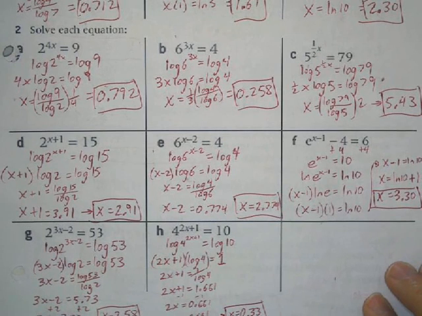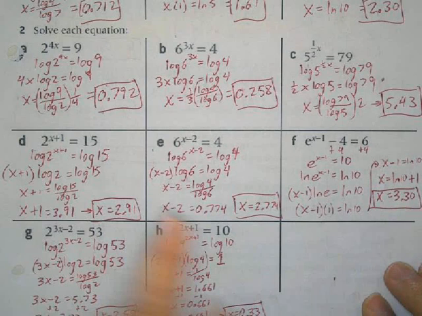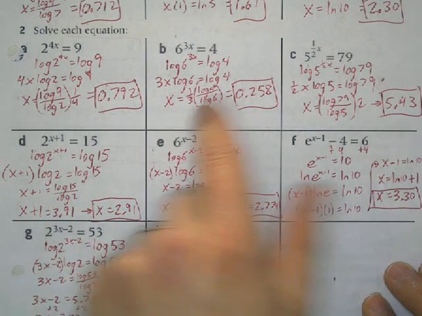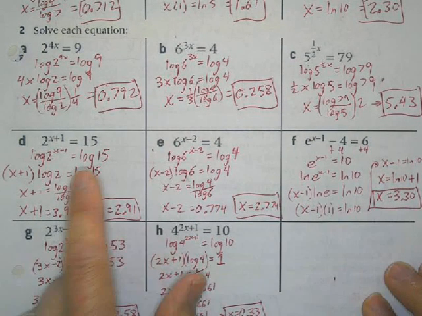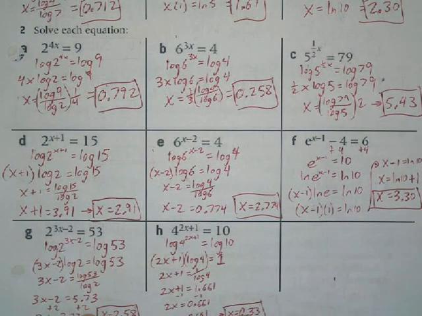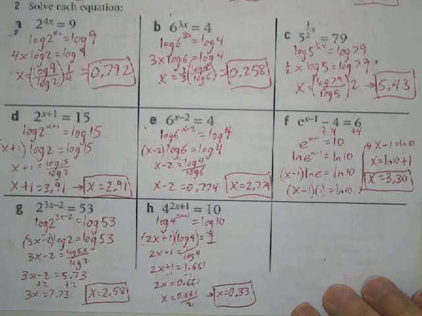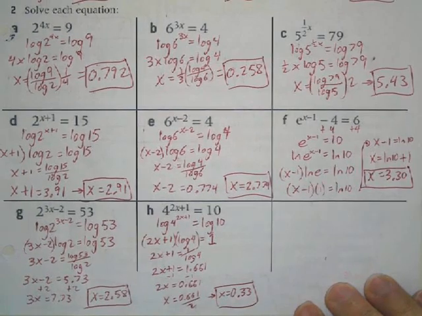Some of the A, B, and C should be the same on your page. D, E, and F. So I guess the G and the H is not in your handout. I guess I took off G and H because I thought it was redundant and too much.